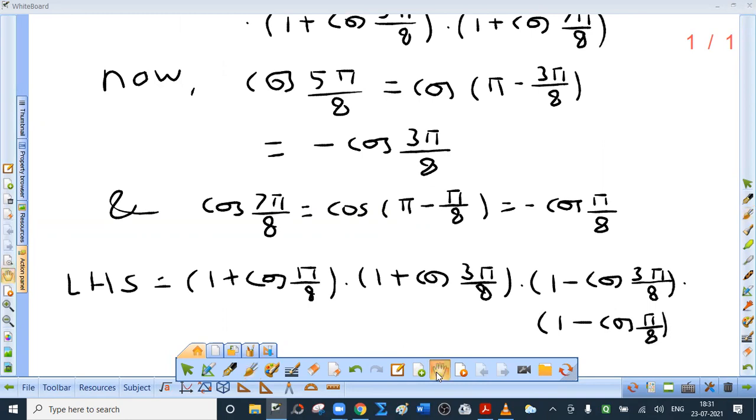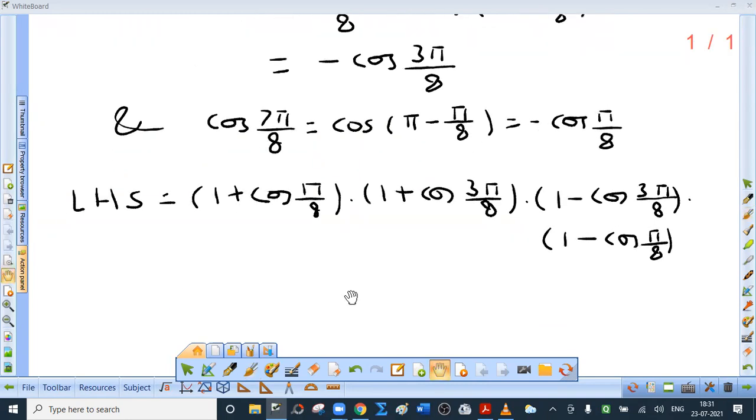So each term occurs twice, but see, (a plus b) into (a minus b). Can I directly write 1 minus cos square pi by 8 for this? Yes, I can.